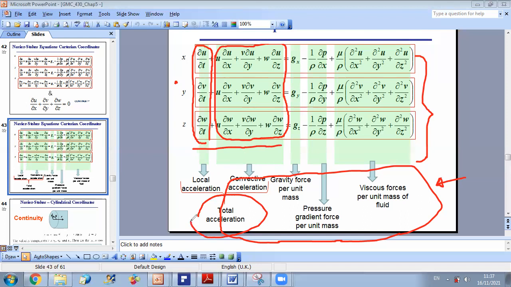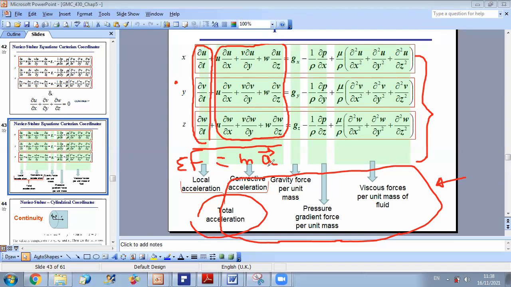So the summation of these will give us the total acceleration. And as expected, you know that sum of forces is equal to ma. We started from sum of forces equal to ma for a rigid body, and we know that when we consider a, the total acceleration, sum of forces equals ma in case of rigid bodies or in case of fluids.